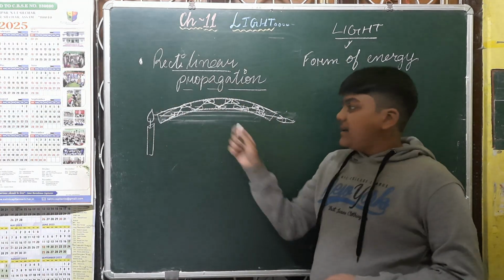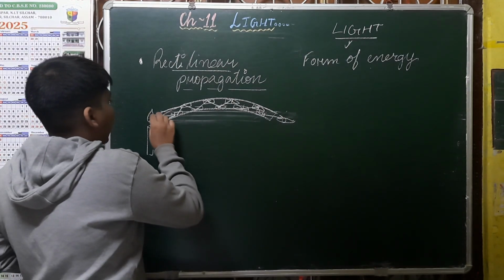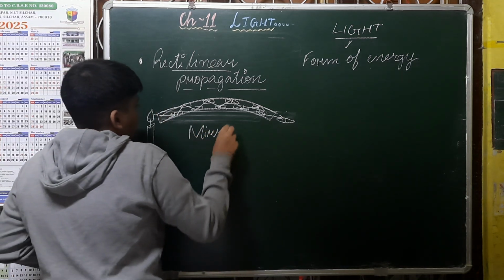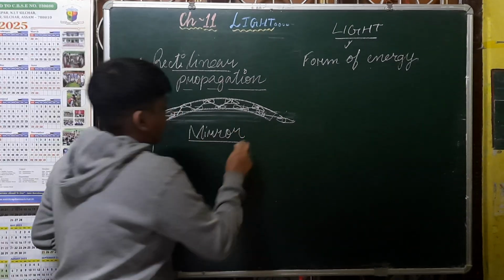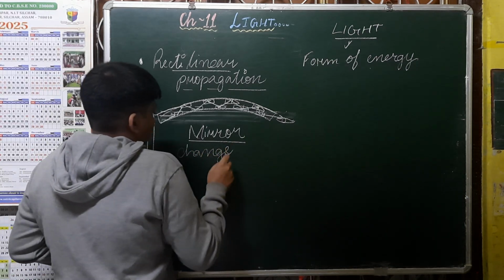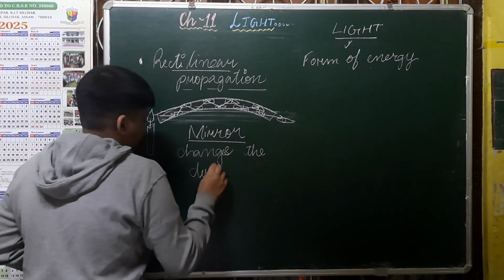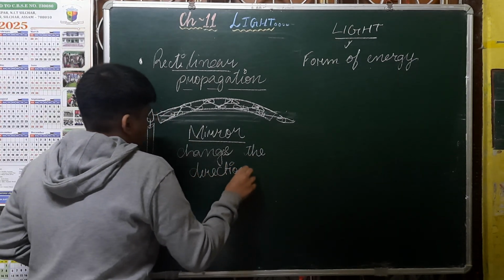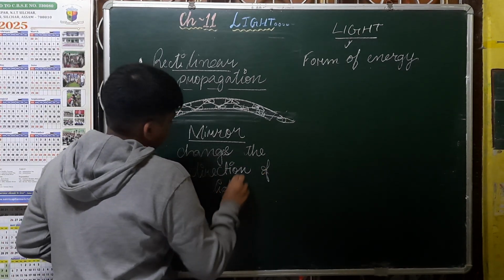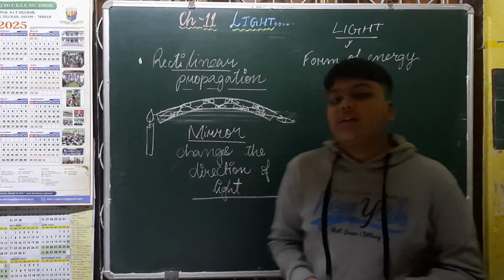So what is the role of mirror here? The mirror is helping the light to change the direction. Mirror helps to change the direction. The mirror changes the direction of the light.